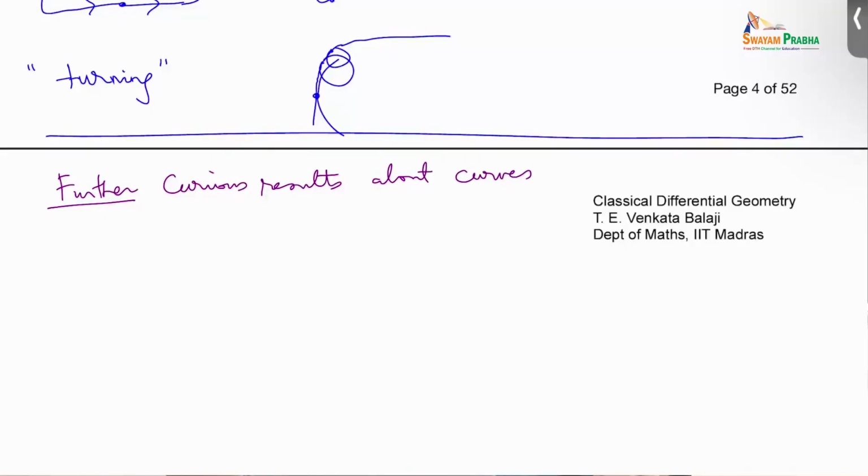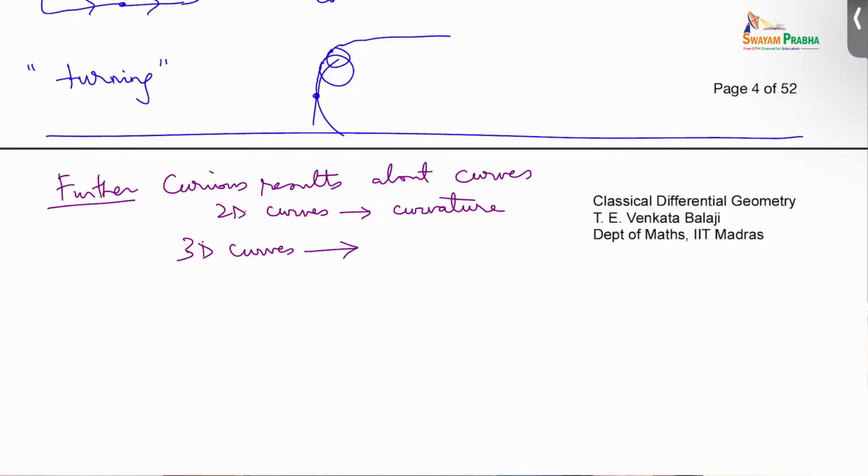You have one more character that comes into the picture, and that is called torsion. This is another very important concept that comes up in differential geometry. In the study of 2D curves, you have only curvature. But if you go to 3D curves, there are two kinds of curvature.